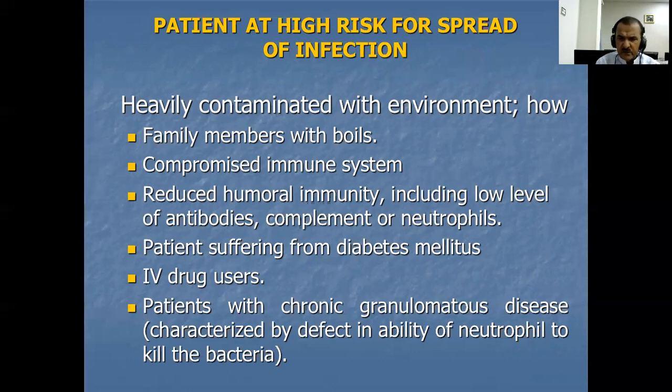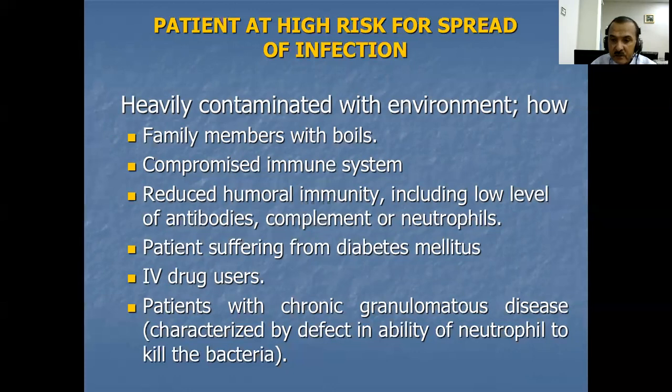Other people at risk are those who suffer from Staphylococcus aureus infections. Family members with boils: if any family member is suffering from boils, it is a good source of the spread of the infection. Compromised immune system: reduced humoral immunity, including low levels of antibody and complement.